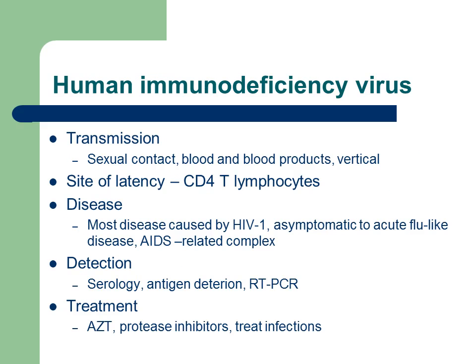So HIV, or human immunodeficiency virus, transmission is through sexual contact, exposure to blood and blood products, as well as vertical transmission from mother to baby. This virus can remain latent in CD4 T lymphocytes, and HIV causes a variety of diseases.